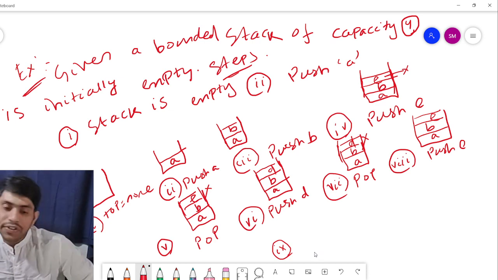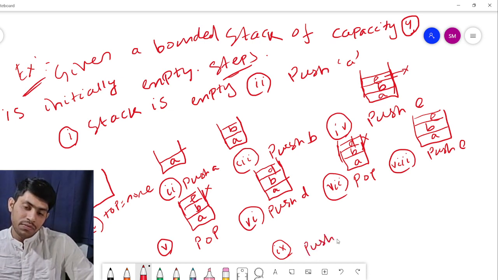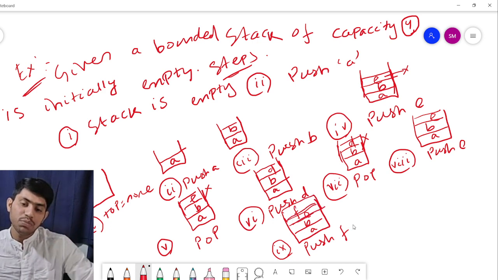Push F. Again we will push F. So A is there, B is there, E is there, F. Now you can see we have taken the stack capacity 4, and now the stack is full.